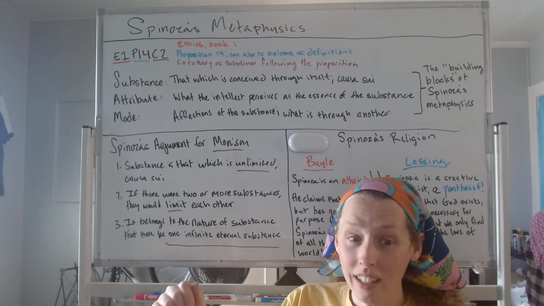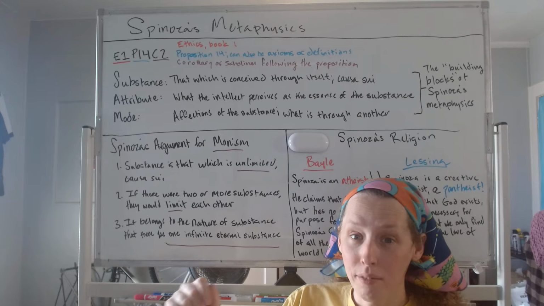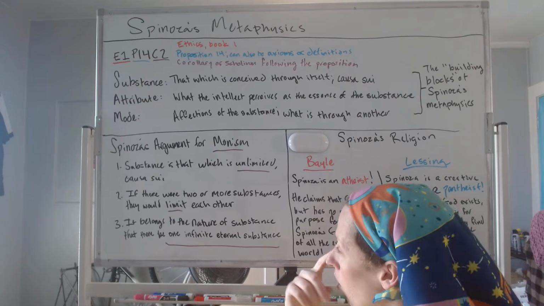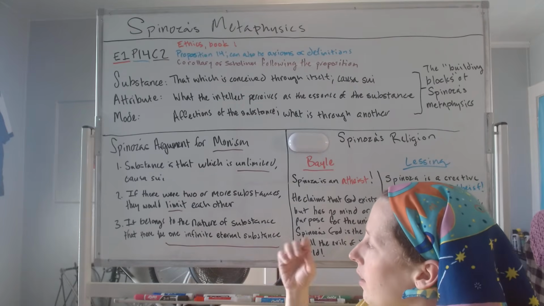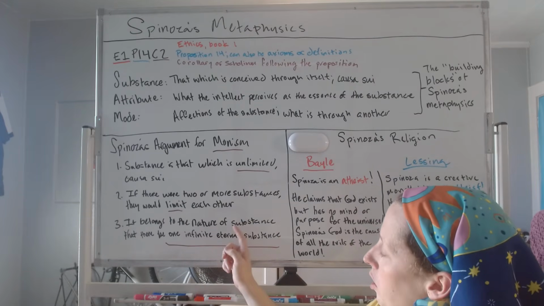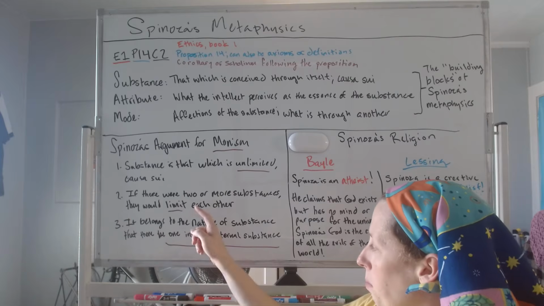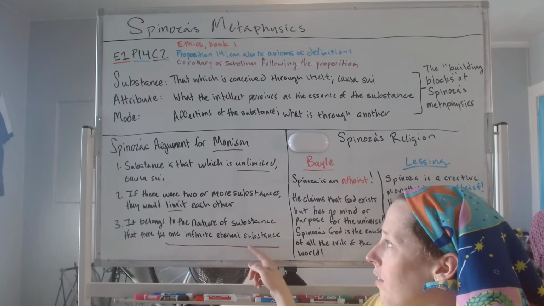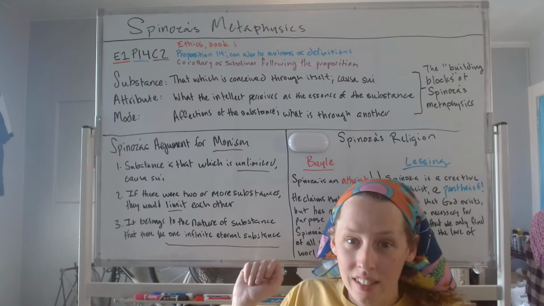So if you really think that substance is that which is by nature unlimited, then you must know from this fact that there can't be two or more substances. It belongs to the nature of substance that there be one infinite, eternal substance, right?